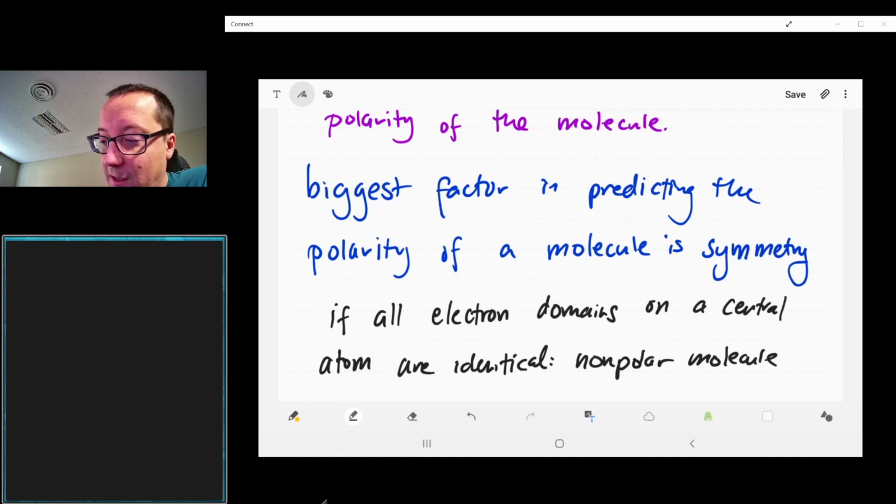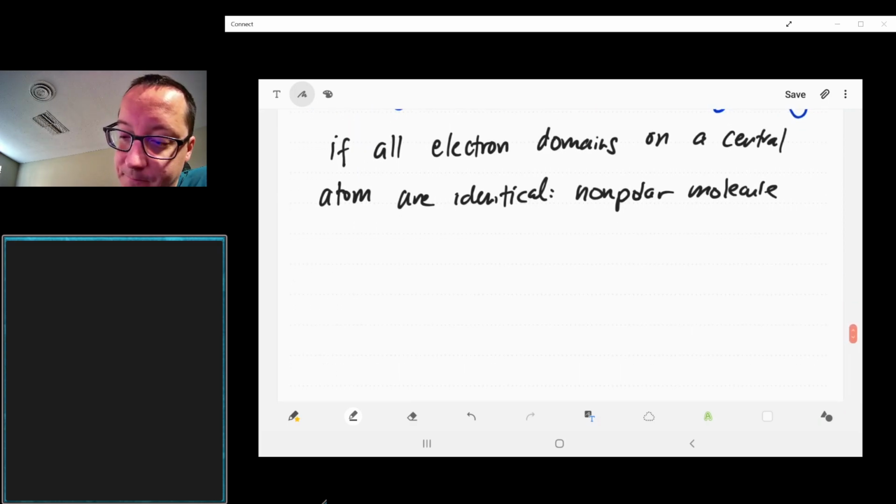So let's go ahead and take a look at some examples of nonpolar molecules. Methane is going to be a nonpolar molecule.